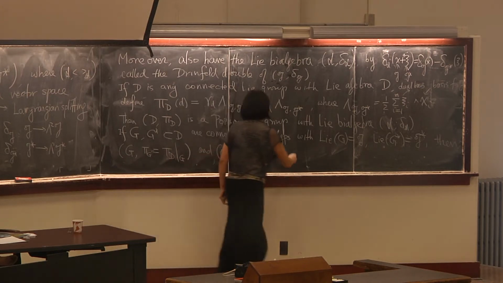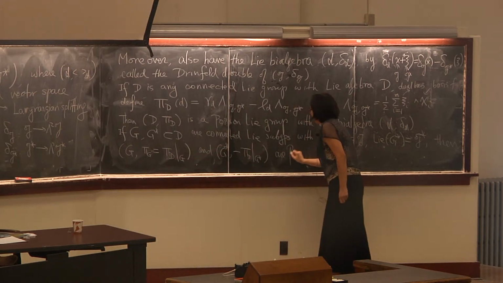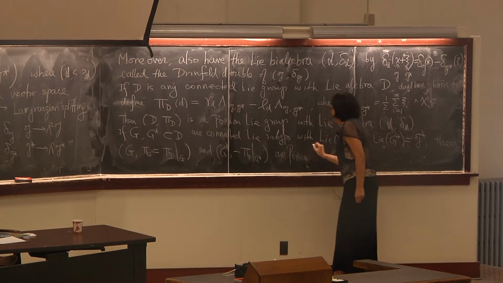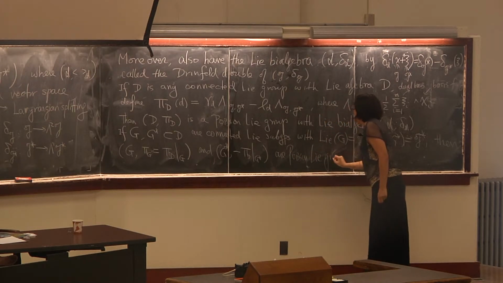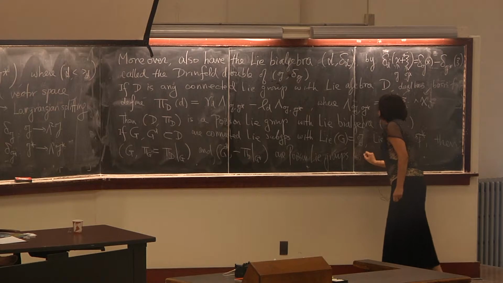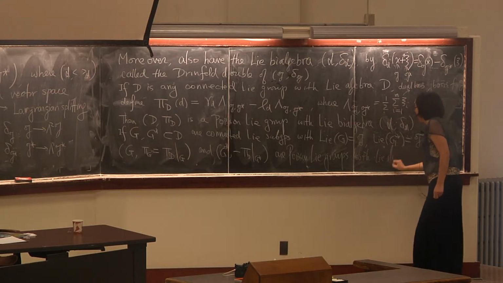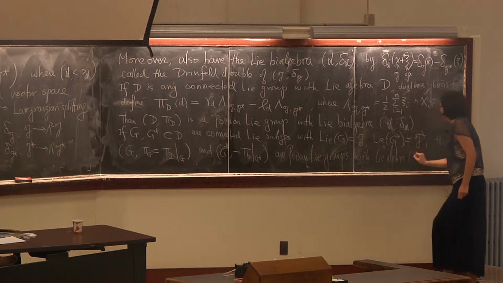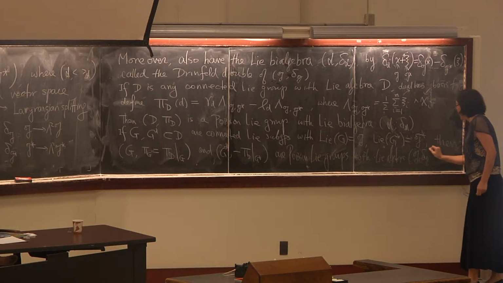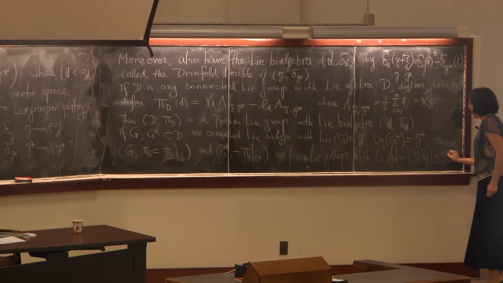Okay, then these are Poisson Lie groups with Lie bialgebras G, delta G and G star, delta G star.